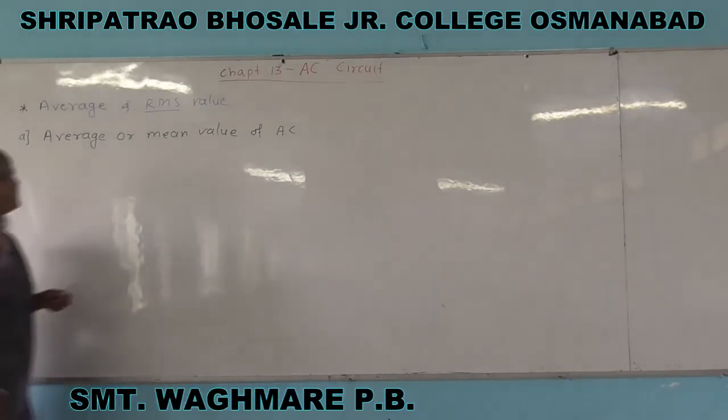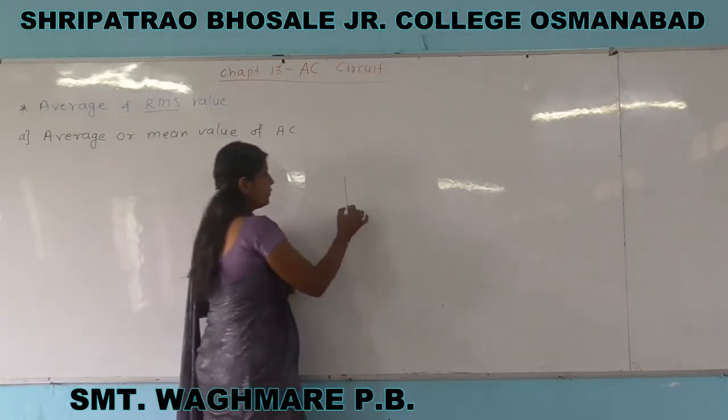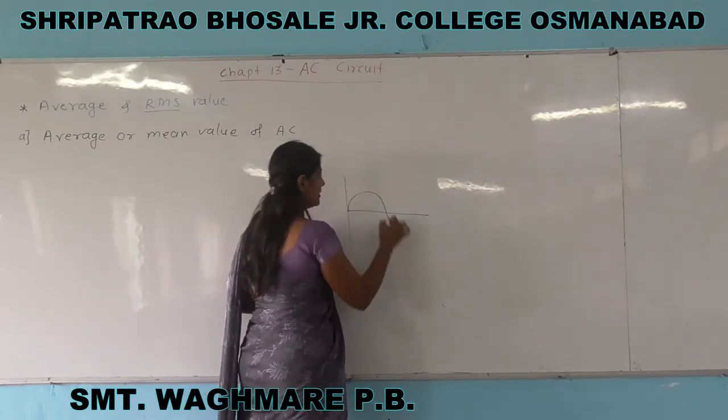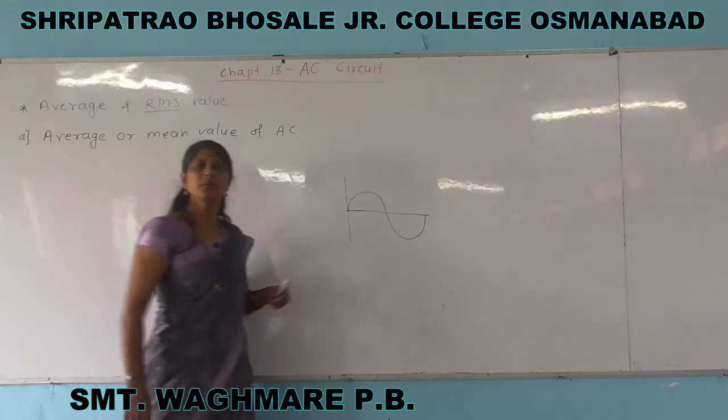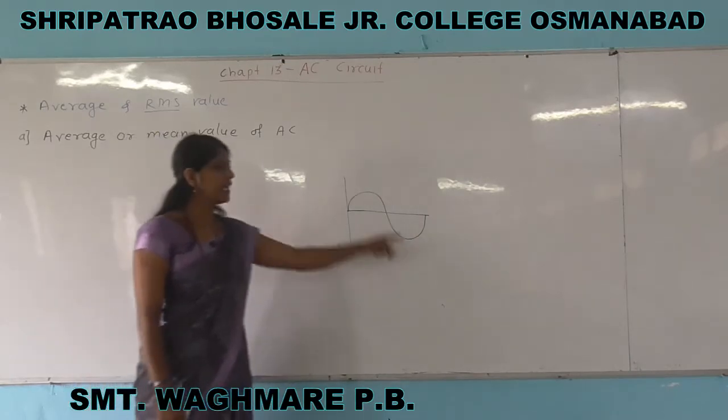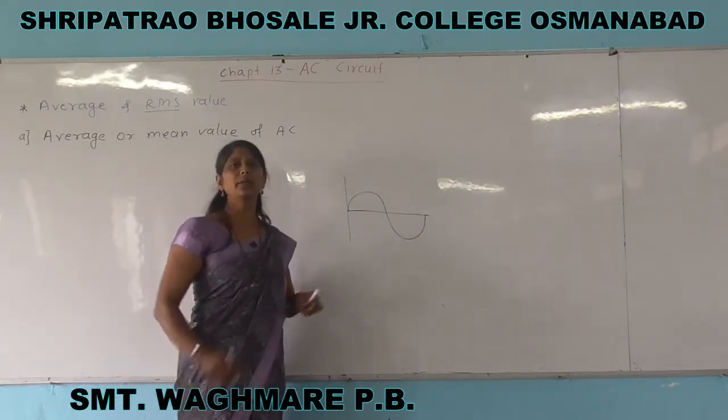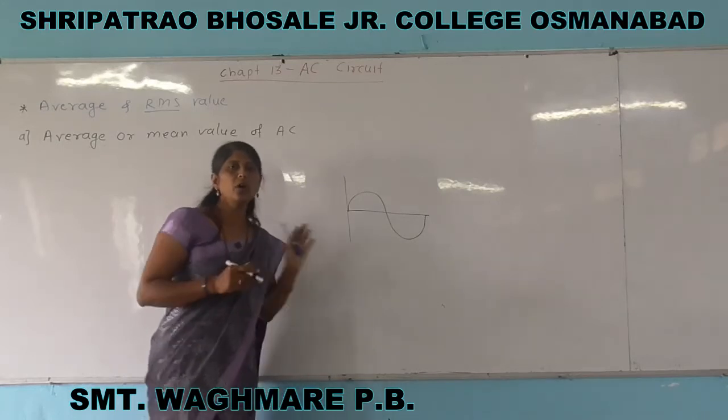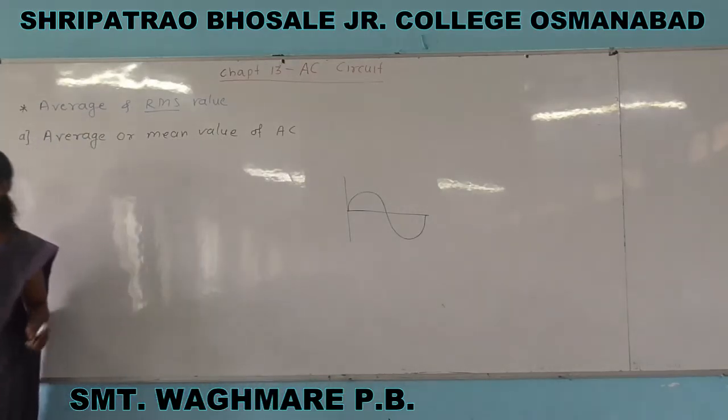For a full cycle, the average value will become 0. For one cycle, the average value will become 0. Therefore, we take a half cycle.